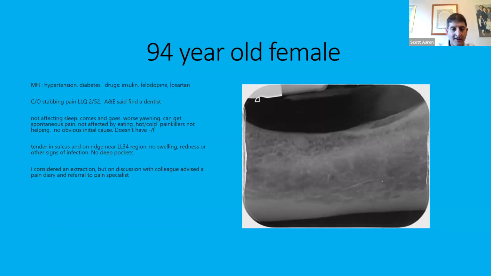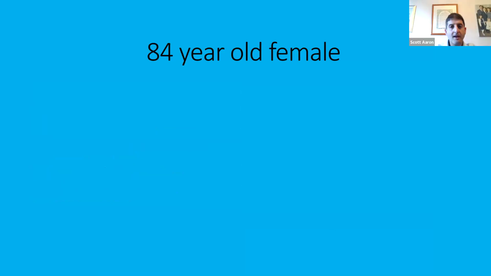And we referred her to the pain specialist. They had a provisional diagnosis of trigeminal neuralgia plus dehydration, and they sent her for various blood tests. Had I taken out that tooth, or that root, I would have traumatized her further and made no benefit to her pain.